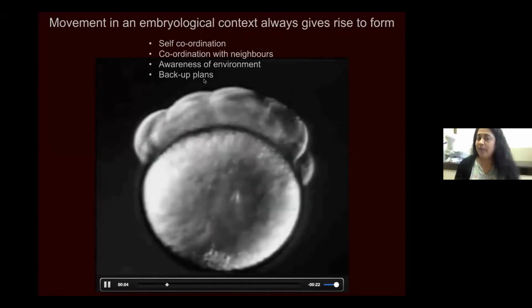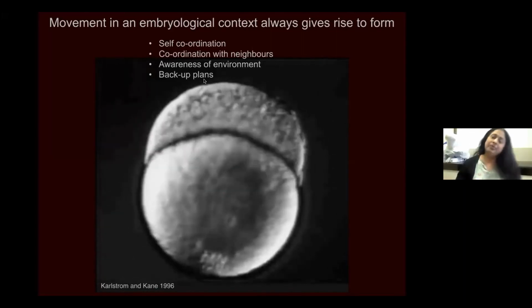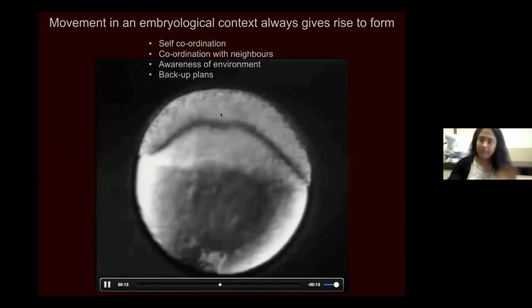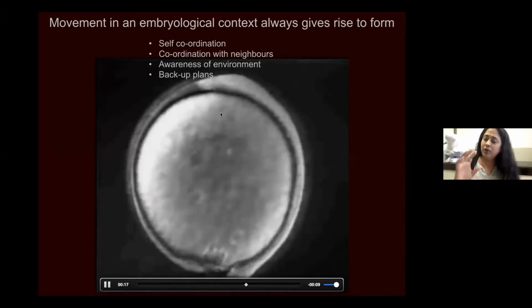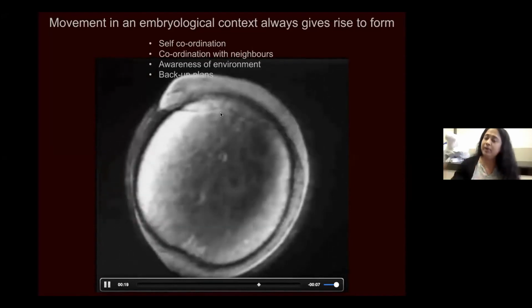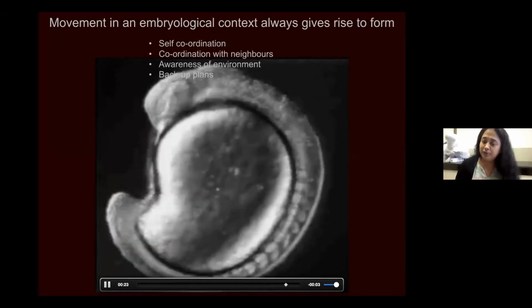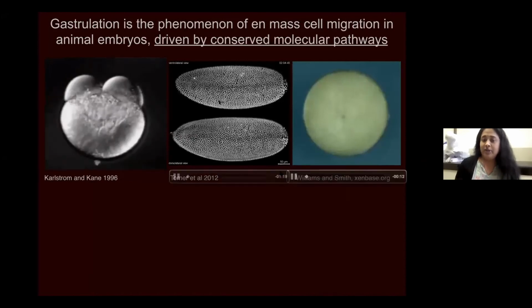And you need to have backup plans in case things go wrong or you are faced with obstacles. What do you do? So if you map the movie that I showed you previously, which is completely unrelated to early development, the question still stands: how do people, or how do cells, get to the right place at the right time to contribute to the emergence of 3D form? And that's what we will try to discuss.